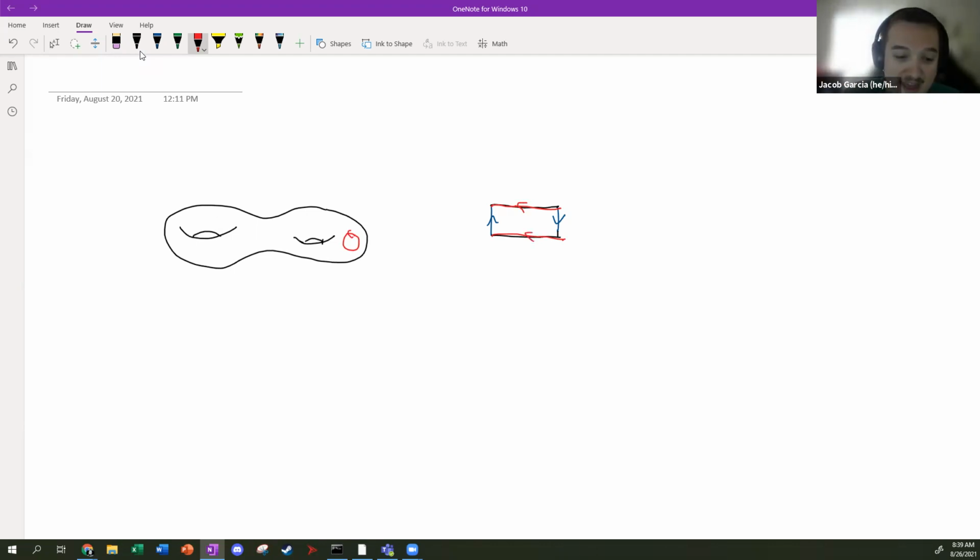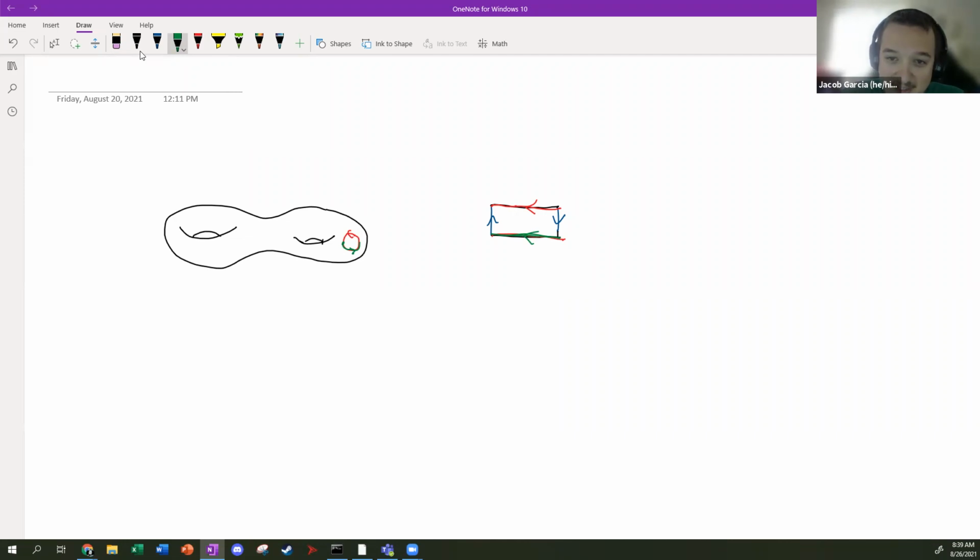Which looks kind of like that, except not really. If I'm being very pedantic, I should label half of this green, and then this becomes green. And then the Mobius band, half of this goes this way, the way that these get identified. So this should go like this.